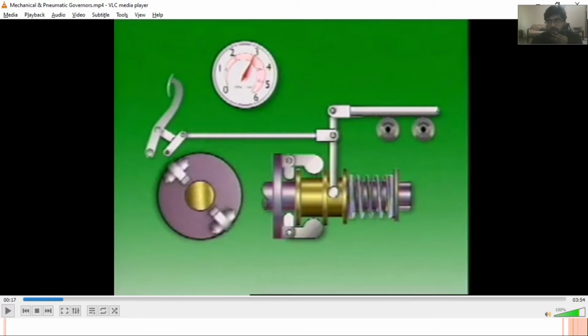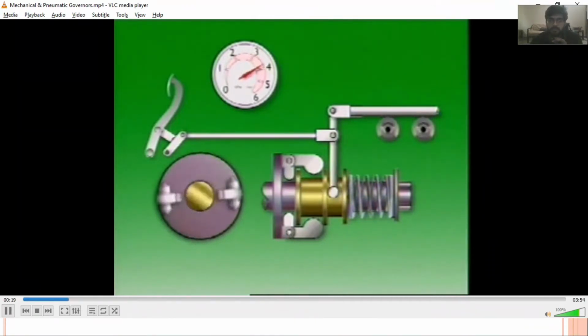And this fuel rack would be controlling the amount of the fuel which is to be injected into the combustion chamber. Note that when we have a higher centrifugal force, or the engine is operating at higher speeds, this sleeve will move downward. When the engine is operating at lower speed, this spring will push the sleeve back to its original position.